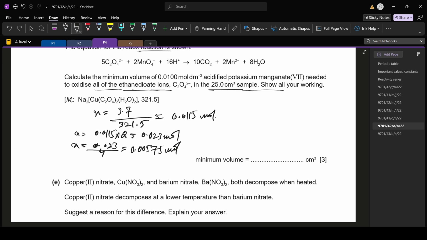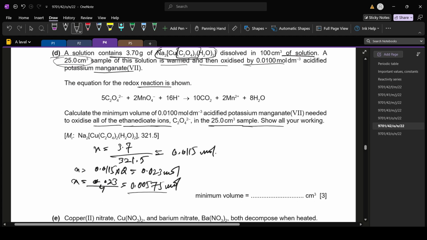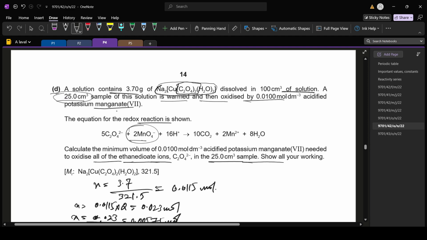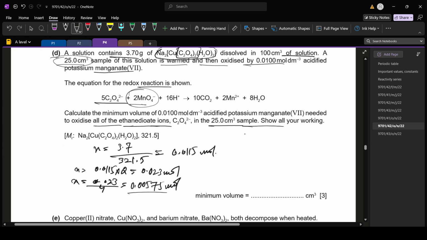Now, what will be the moles of MnO4 from this equation? Because the 25 cm cube of this sample reacts with MnO4, by ratio we will find the moles. So 2 upon 5 into 0.00575 equals the moles of MnO4 needed, which will be 0.0023.